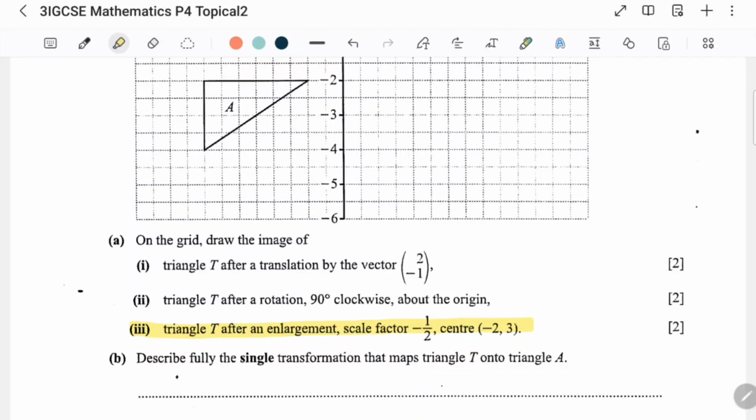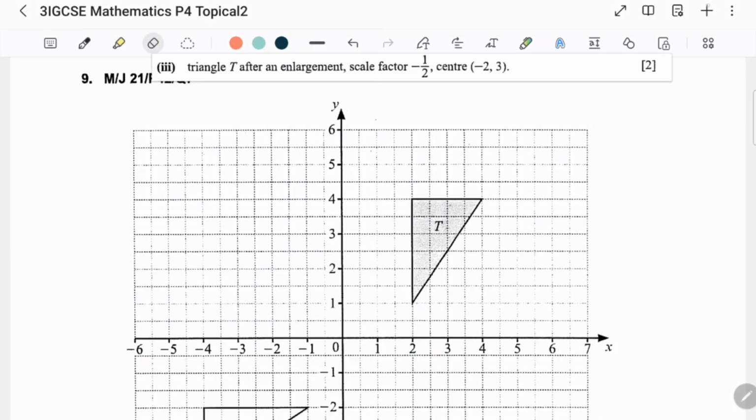And the scale factor is negative, so you will see your center of enlargement will come in the middle. And the center is also minus 2, 3. I took this question because your center is also negative, so you have to be very careful if you are doing the calculation and finding out the other diagram, which is the image. All right, let's begin.